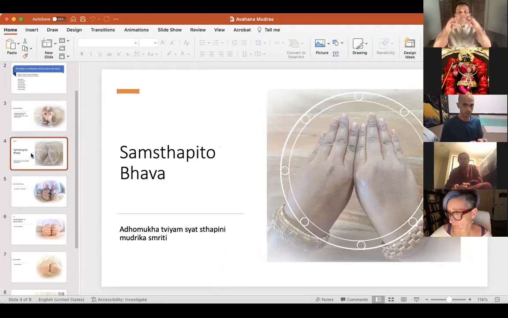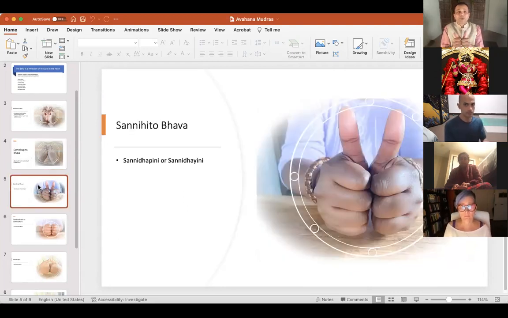Next is samsthapito bhava. Oh Lord, be established. Next is sannihito bhava. You become that deity. Our body is also like mud, all the five elements. The deity is also earthly elements. But we are able to move.